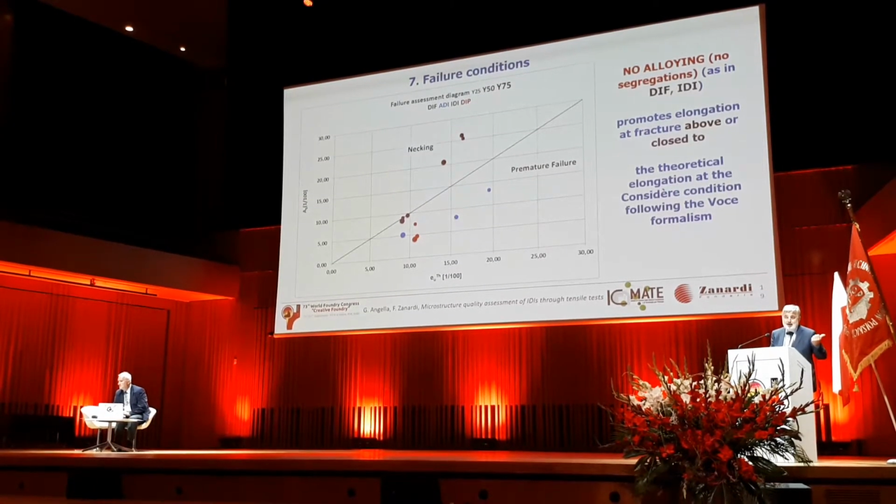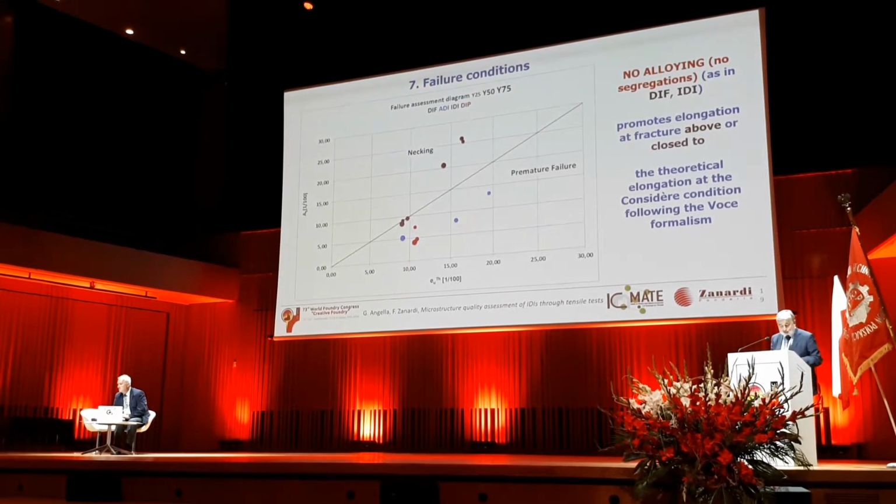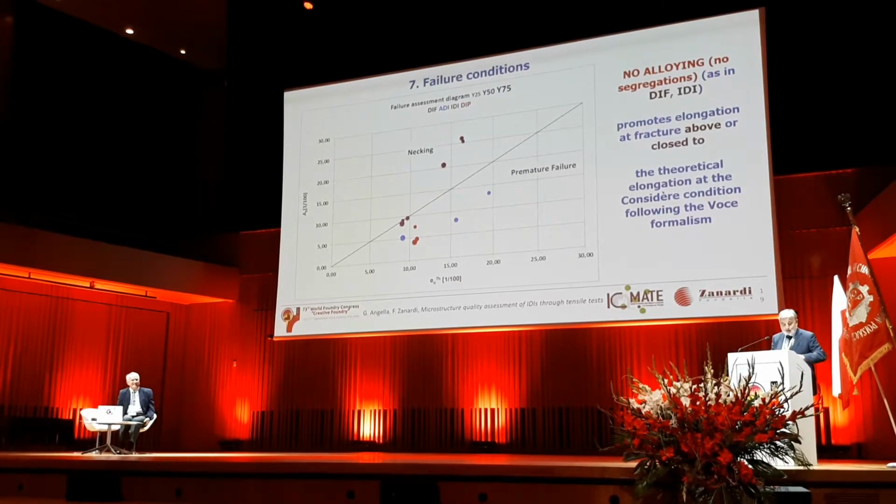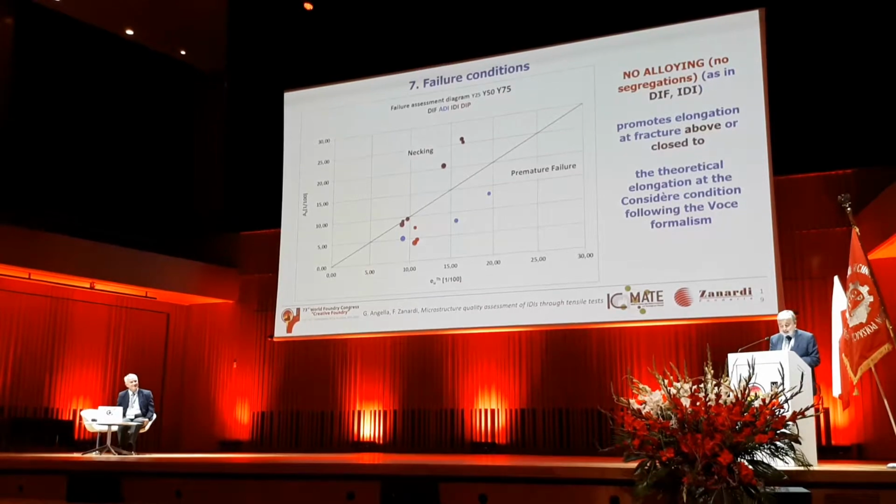Voss analysis. And you see the straight line, the bisettrice in Italian, I don't know how it is in English, okay? That is where A5 is equal to the theoretical elongation.